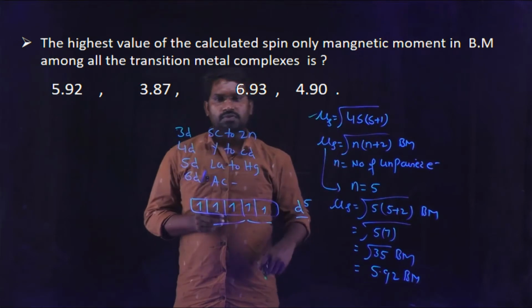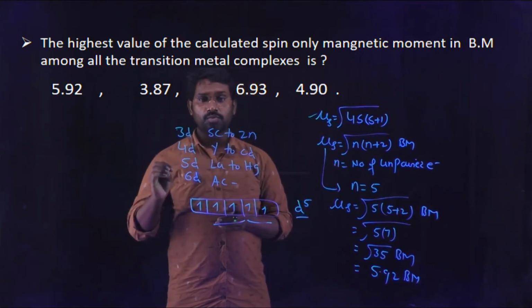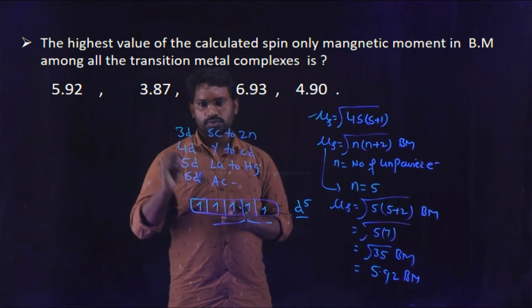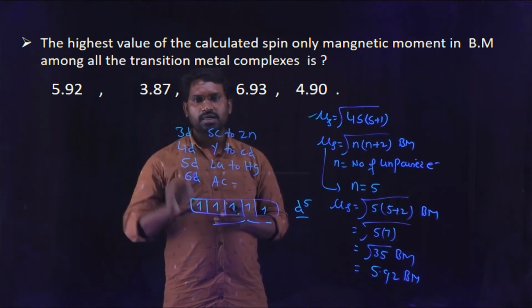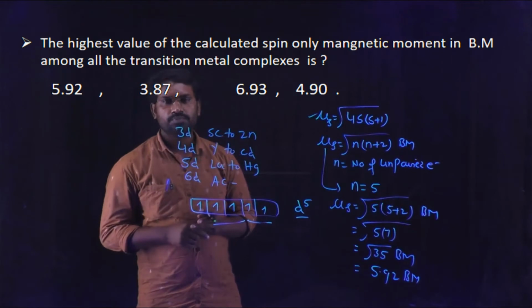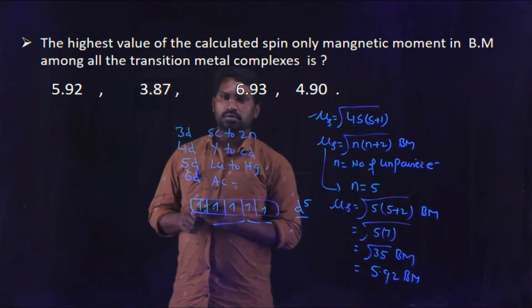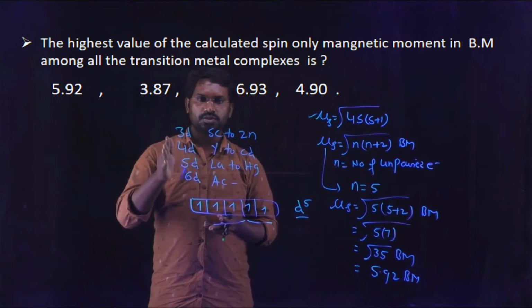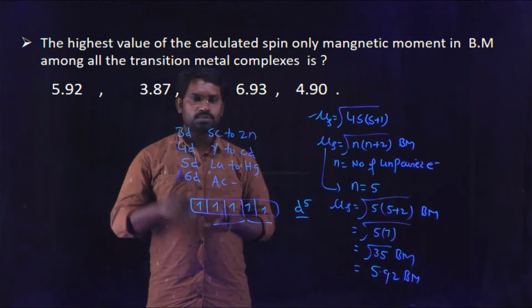For the calculation of the magnetic moment of a given transition metal complex, there are two formulas. The first one is based on the spin magnetic moment, and the second one is based on the orbital angular moment. In case of these 3D series elements, they exhibit only spin-only magnetic moment.